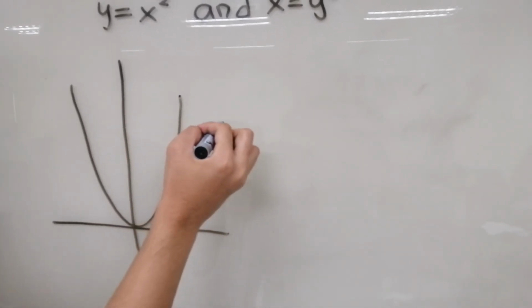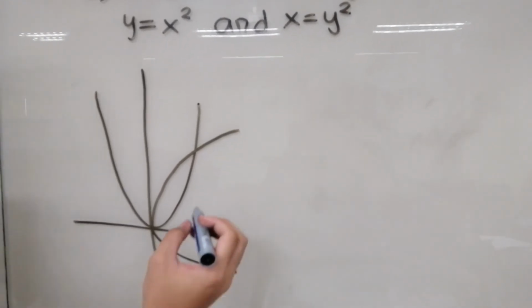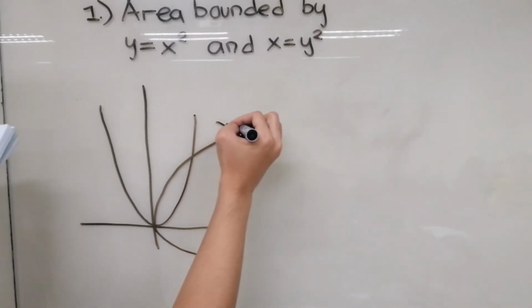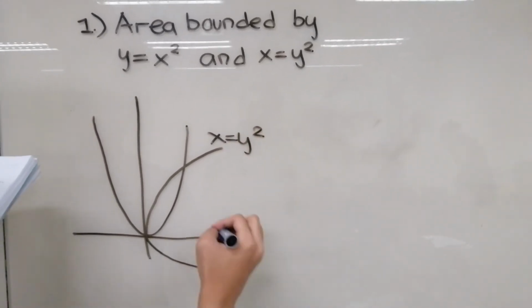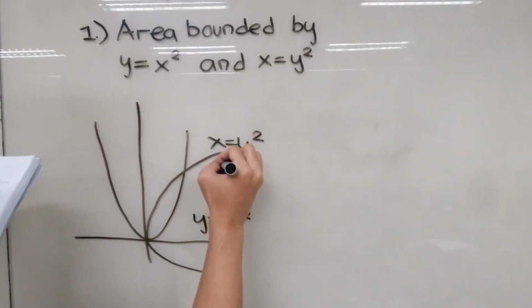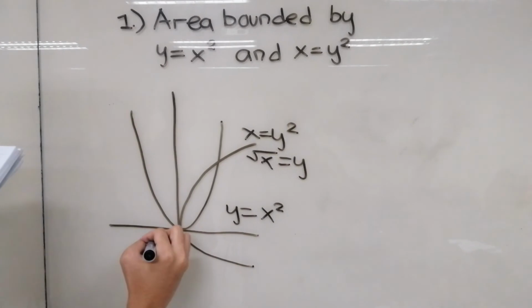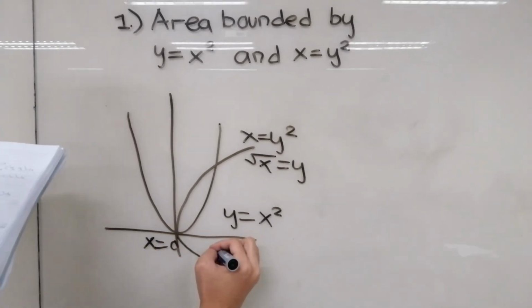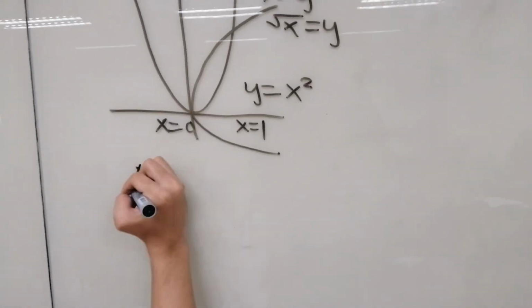Next step is to determine the boundaries or interval. It is already given: x is equal to 0 and x is equal to 1. Here you can see in the video the equation x equals y squared has been given as the square root of x because we eliminate the square in y.